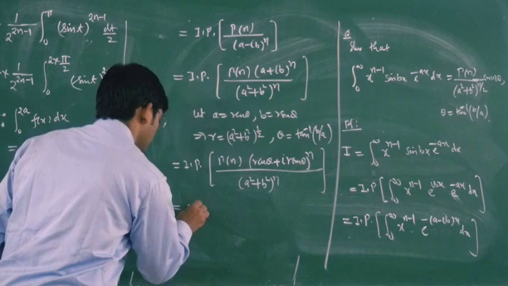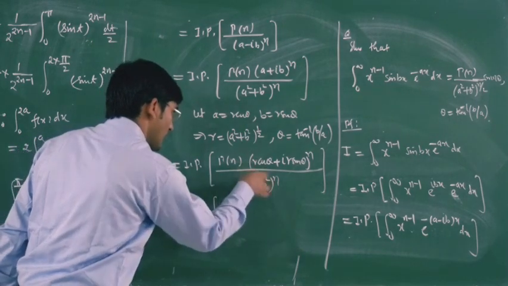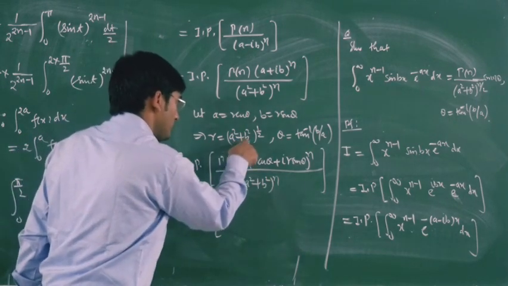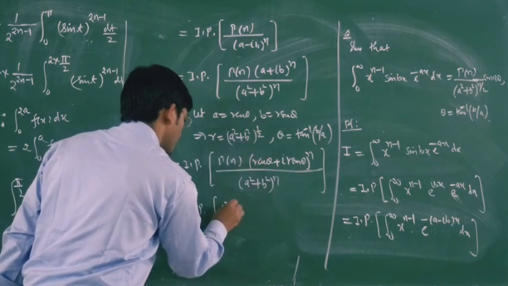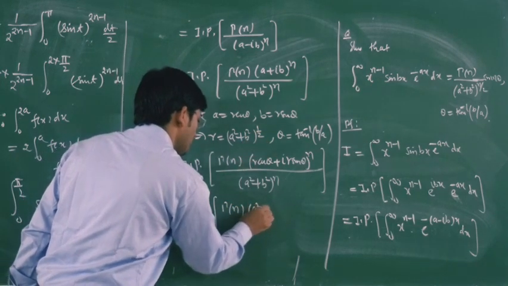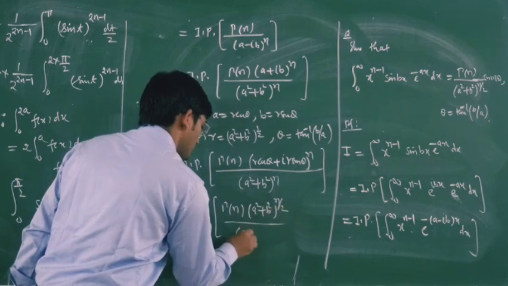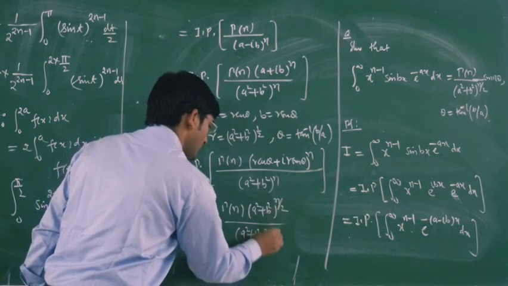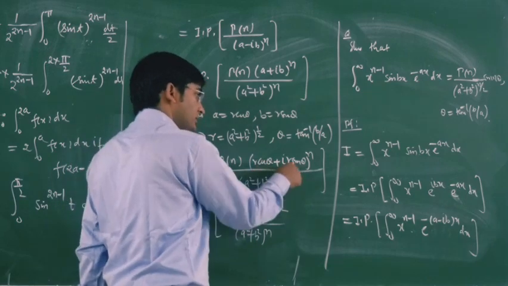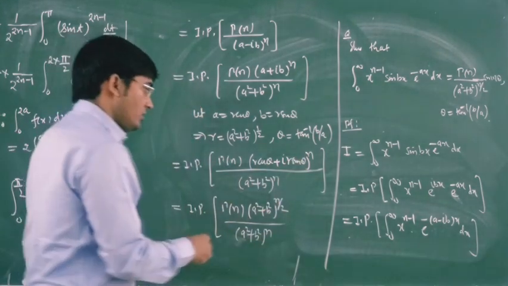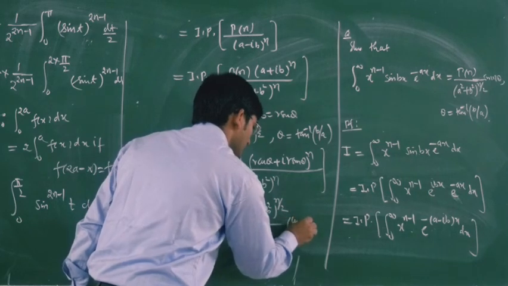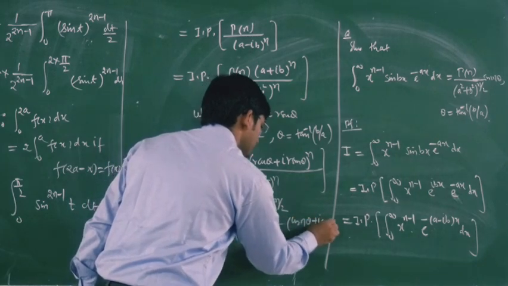So we have the imaginary part of, now this r^n, r is (a² + b²)^(1/2), so this will be (a² + b²)^(n/2) divided by (a² + b²)^n. Now in the bracket we will have (cos θ + i sin θ)^n.